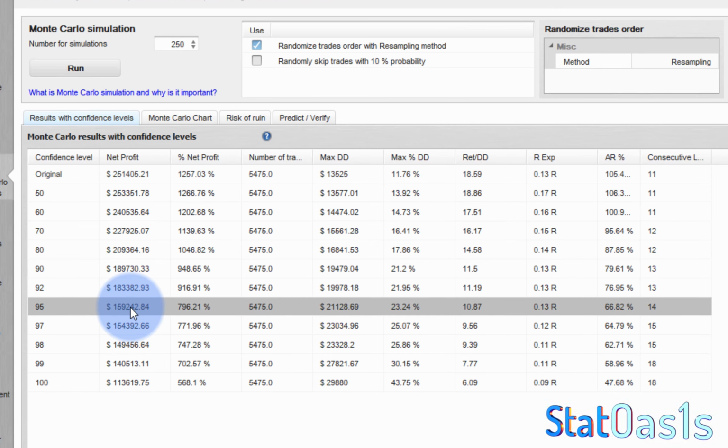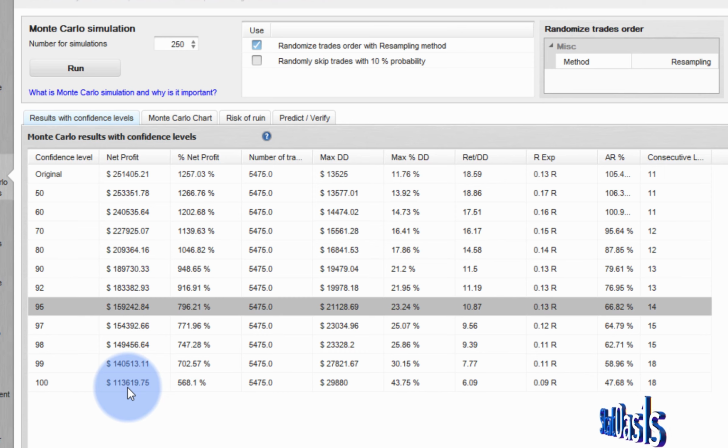So I run this portfolio. My chances are less than 5% that I will make less than 160. And my chances are less than 2% that I will make 150,000. And I am 100% confident that I will make 113,000. So 50% chance making 250, and it goes down as you increase the confidence level.